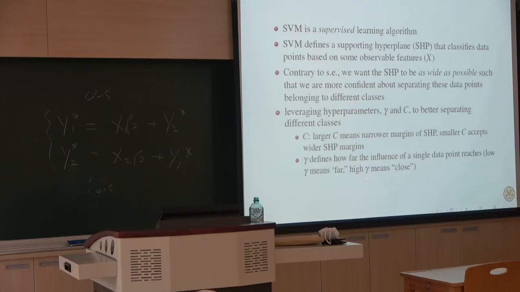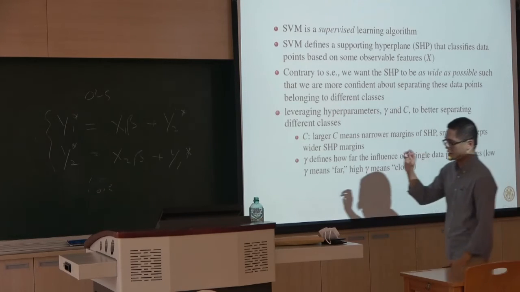Gamma defines how far the influence of a single data point reaches. Because it is translated through the kernel function, you should interpret it in the reverse fashion. Low gamma means far reaching.